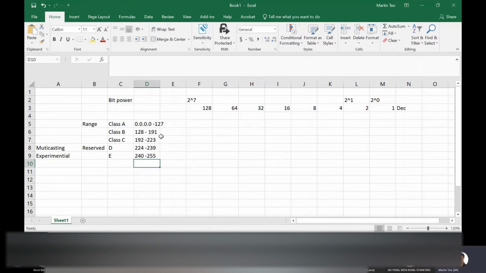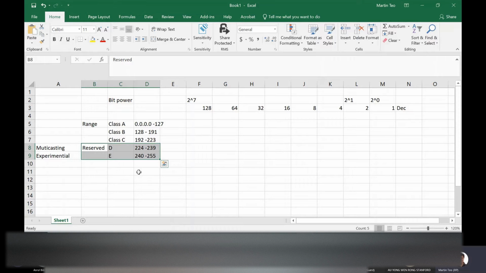So this is the beginning of each range, and most of the time we only deal with A, B, and C. D and E are of course not in our range, unless you are working with NASA or DSTA doing some experimental work, then maybe you want to go into the class E address space.